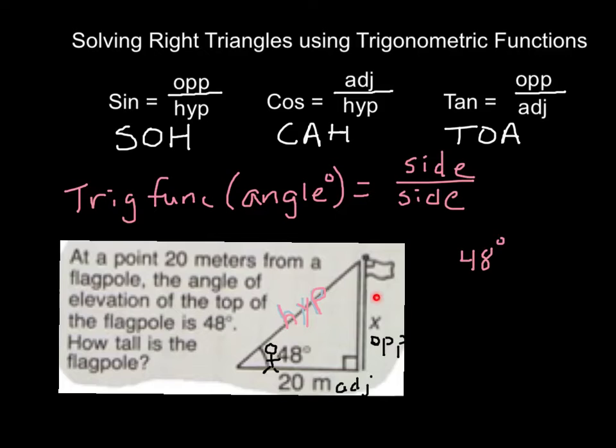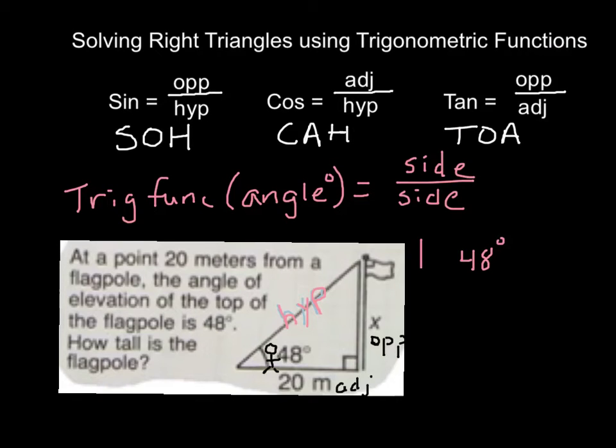The opposite side. So we want to find the opposite side x. And what's the side we already have? The adjacent side. So since we want to find the opposite, and we have the adjacent, which trig function above uses opposite and adjacent? Tangent. So we're going to use tangent of that angle.